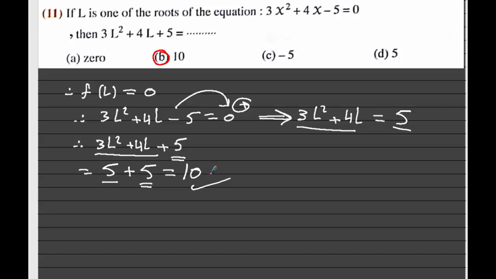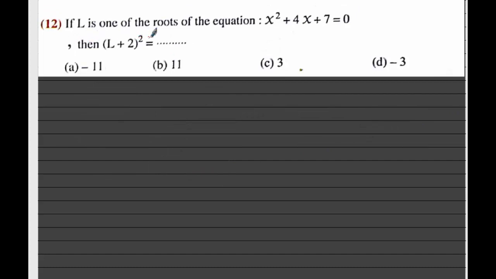Now question number 12. If L is one of the roots of the equation x square plus 4x plus 7 equals 0, then (L plus 2) all power 2 equals one of these. So first I write the equation x square plus 4x plus 7 equals 0.